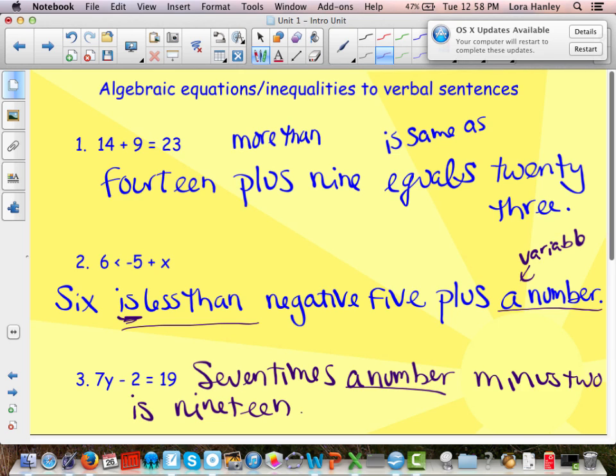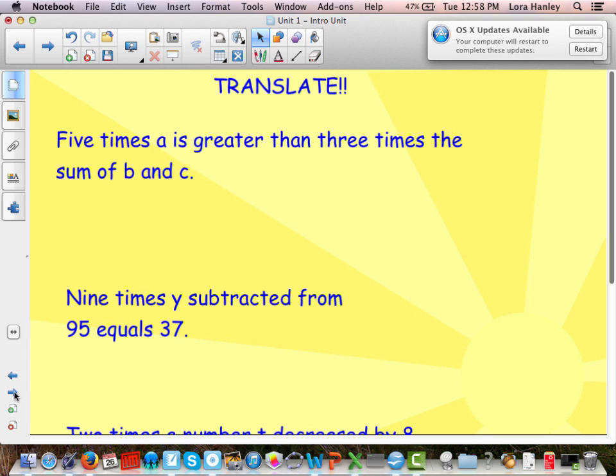Again, instead of times, you could use 7 multiplied by, the product of 7 and a number, anything like that. Also a lot of different words for is as well. So again, we can also translate verbal equations into algebraic equations as well.